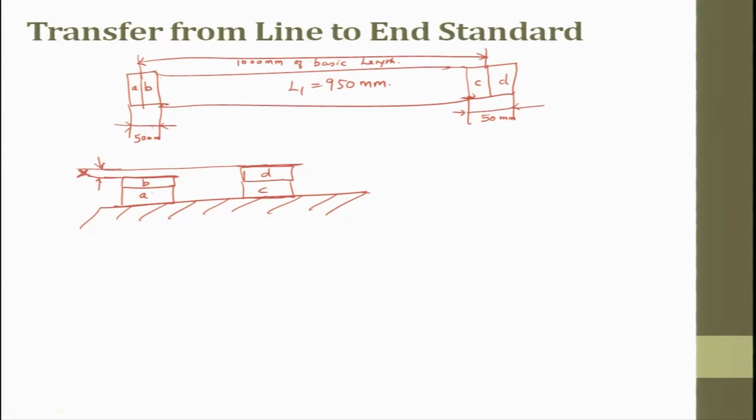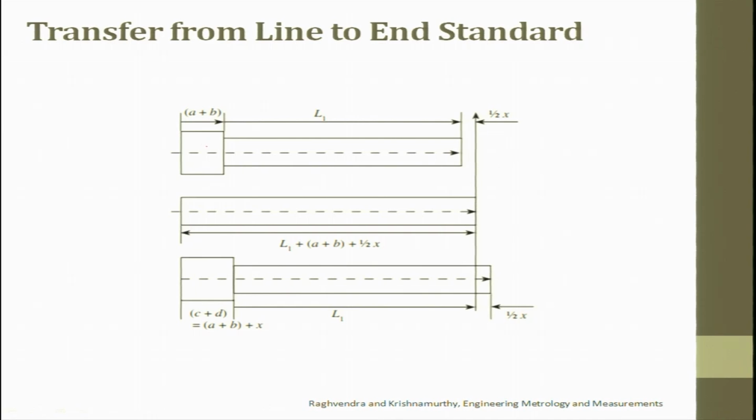I am just taking this as an example, and I say there is an x component which is there. So now how do I write it? C plus D is equal to A plus B plus that small difference of x. If you look at it, this is A plus B, this is your L1 and this is your x.